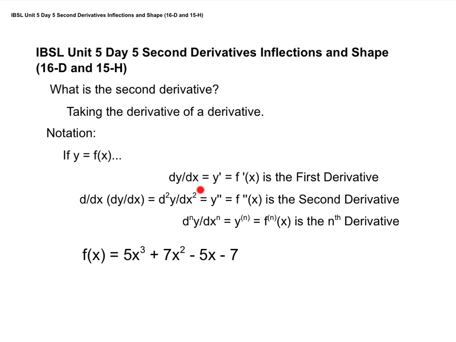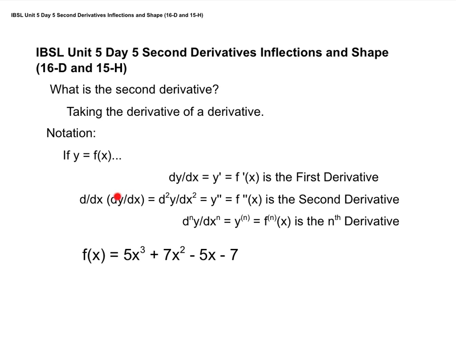as you can see here, we have our notation for the first derivative. If y is f of x, then the derivative of y with respect to x is the same as y prime, or f prime of x. That's all notation referring to the first derivative that we're used to using. Okay?